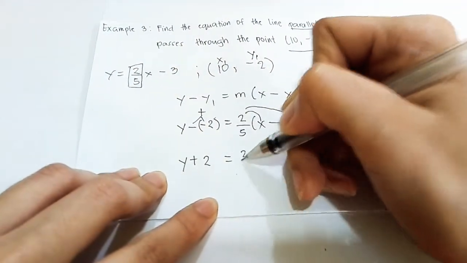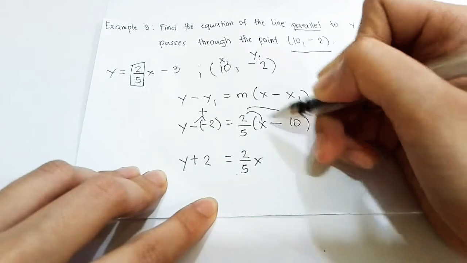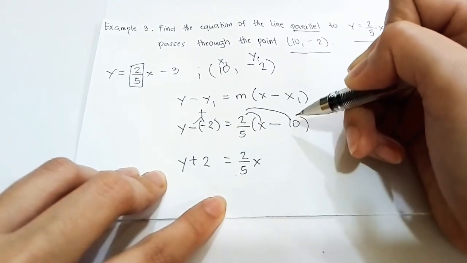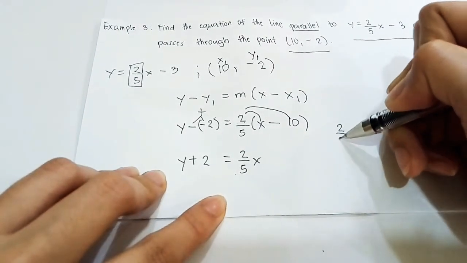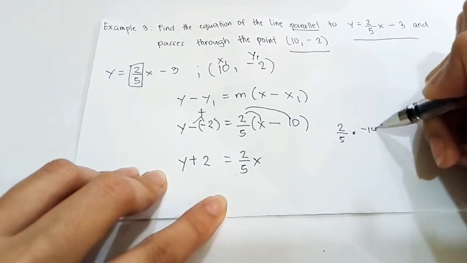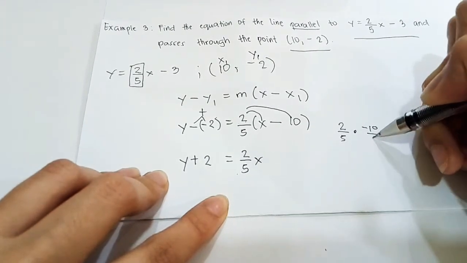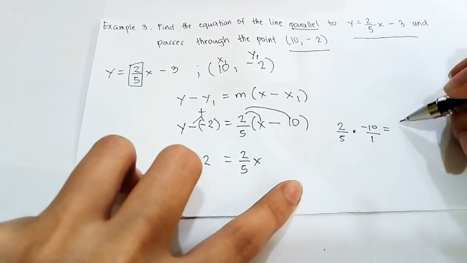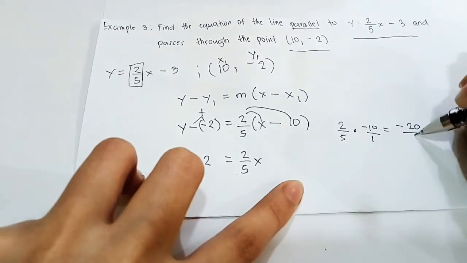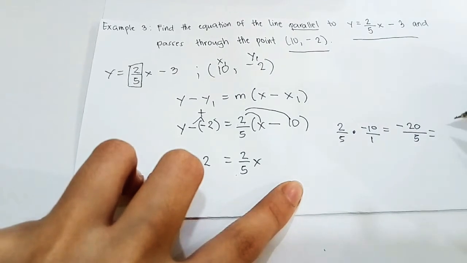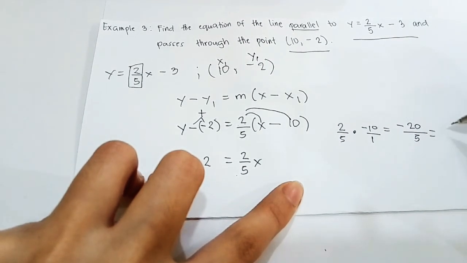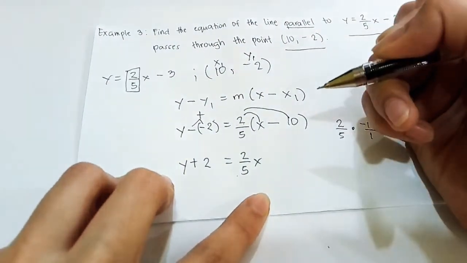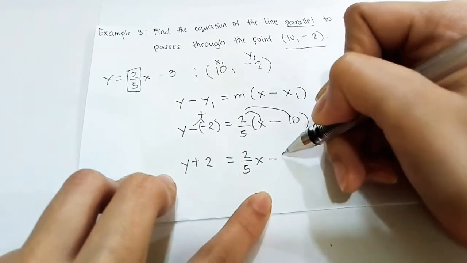So we have 2/5 x, and 2/5 times negative 10, we can put a denominator of 1. So 2 times negative 10, that is negative 20 over 5. So then simplify, negative 20 divided by 5, that is negative 4. So we have 2/5 x minus 4.